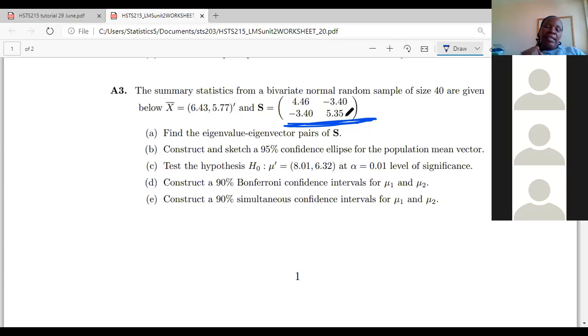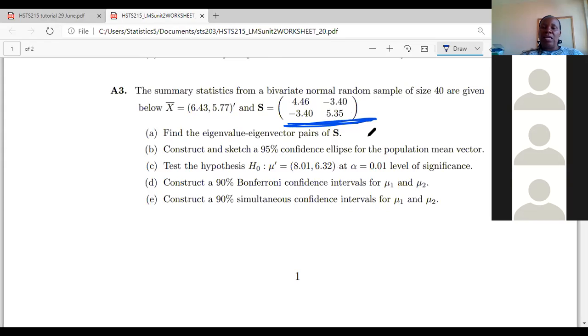So in that case, when you check your orthogonality, that they are perpendicular, if you find they are not perpendicular, you won't report them as your eigenvectors. You would then need to use the Gram-Schmidt process to find perpendicular, orthogonal vectors.